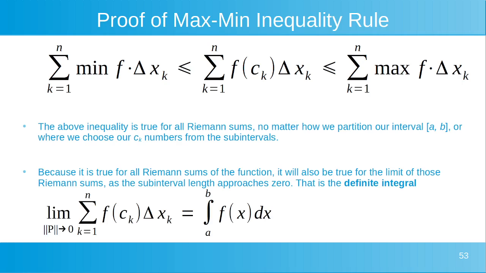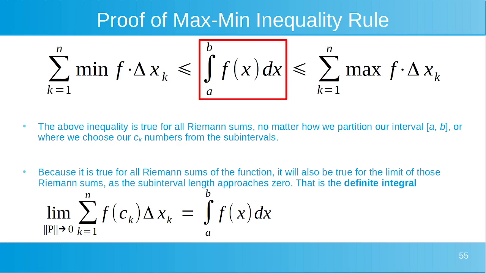So written here in mathematics, the limit as the norm of the partition approaches 0, the limit as the length of the largest subinterval approaches 0, of the sum from k equals 1 to n of f of ck times delta xk, that's equal to a definite integral, the integral from a to b of f of x dx. So what we can do is replace our Riemann sum with a definite integral in our inequality here.